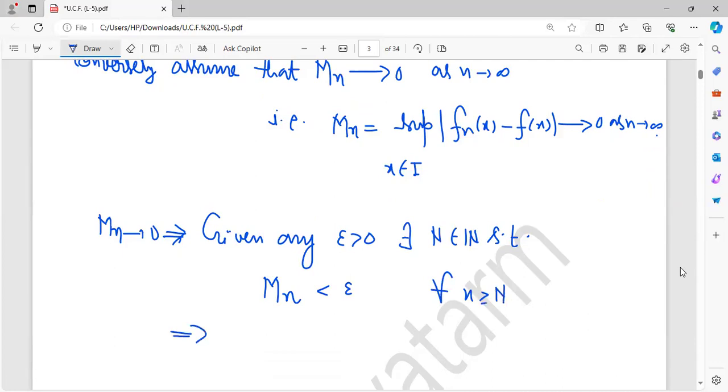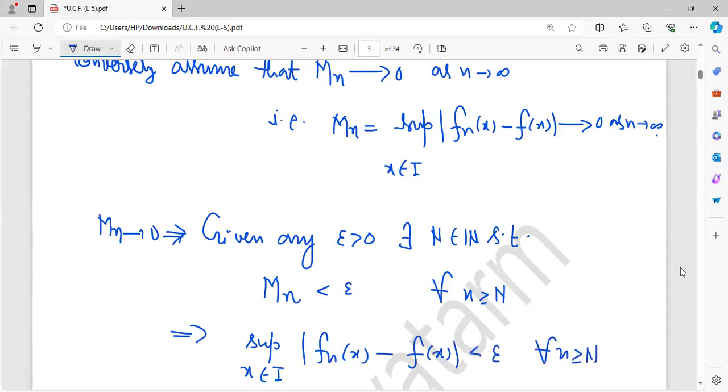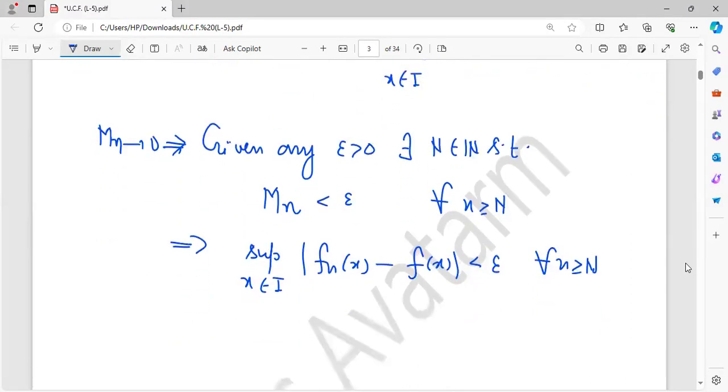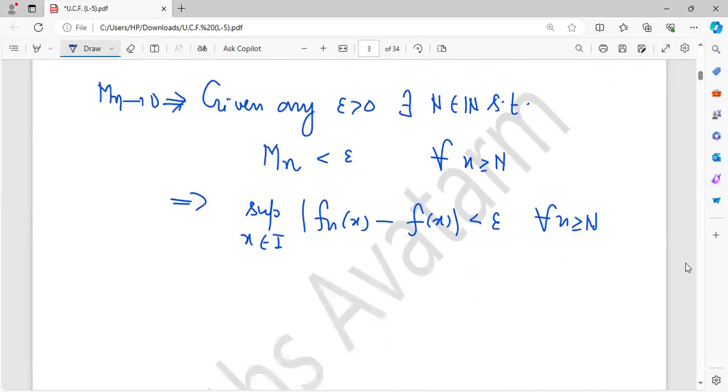So the supremum over x in I of |Fn(x) minus F(x)| is less than epsilon for all n greater than or equal to capital N. But we know that the supremum is always greater than or equal to these values.